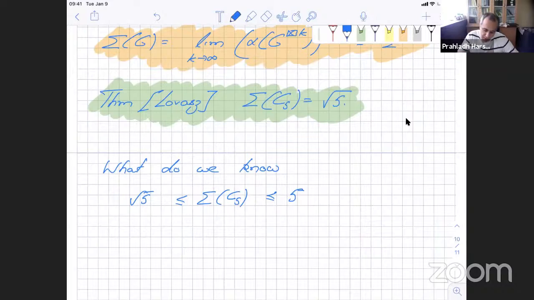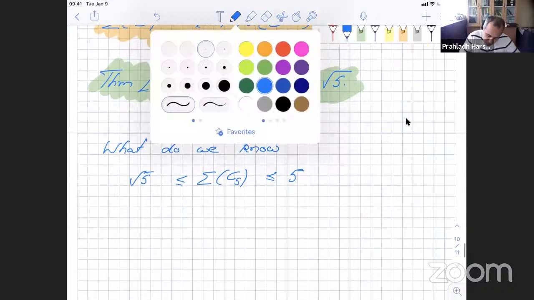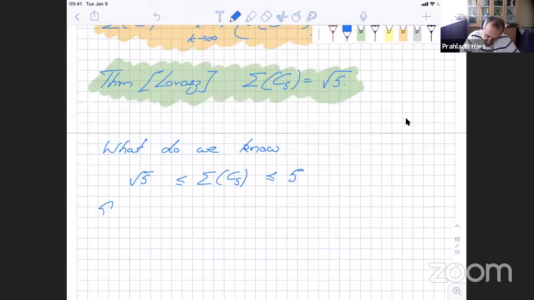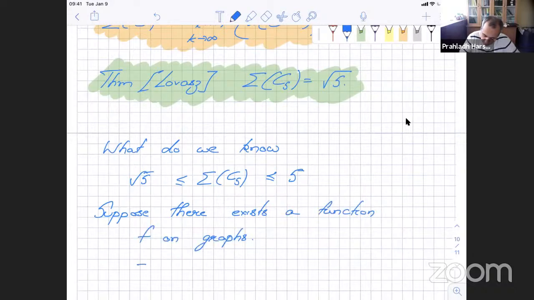So what am I trying to say? Suppose there exists a function f on graphs with the following properties. 1, alpha of G is always less than or equal to f of G, so f of G is an upper bound on the independence number of the graph.